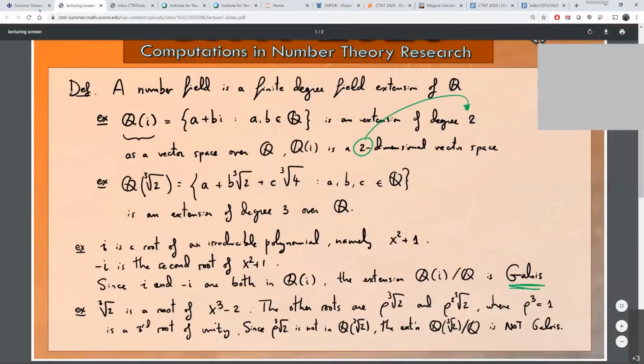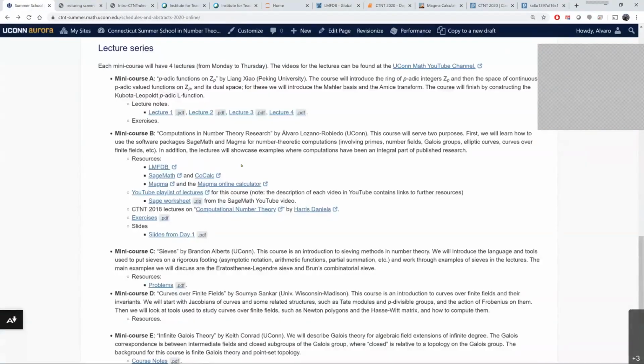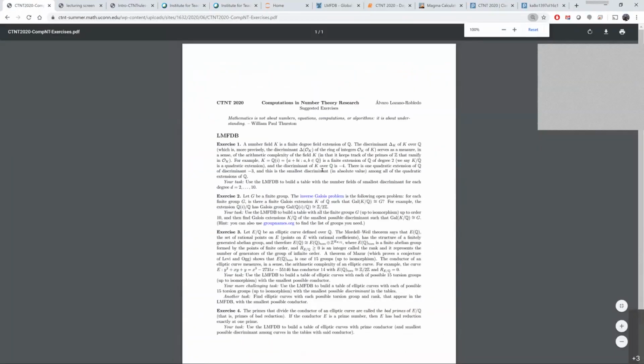Okay, so I'm also going to be adding some homework to the course. If you go to the summer school page, there are a number of exercises appearing already here. I will be updating this page with several problems.